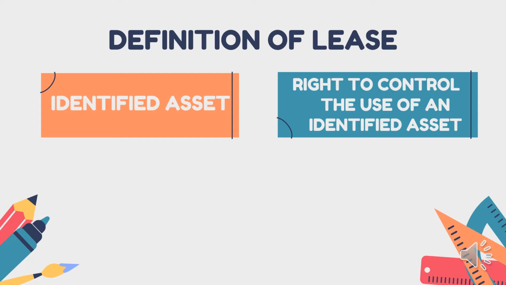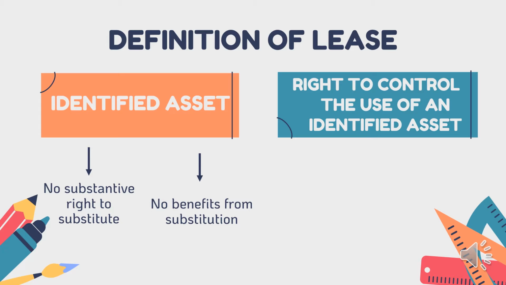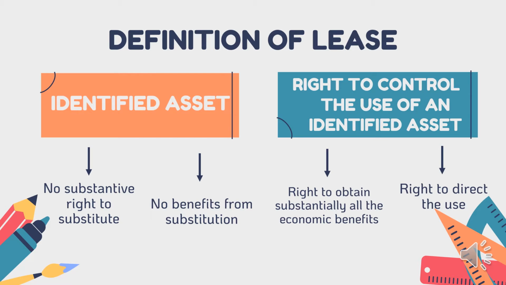Under nyan is no substantive right to substitute and no benefits from substitution. The second component is there must be a right to control the use of an identified asset. The lessee must have the right to obtain substantially all the economic benefits and the right to direct the use.